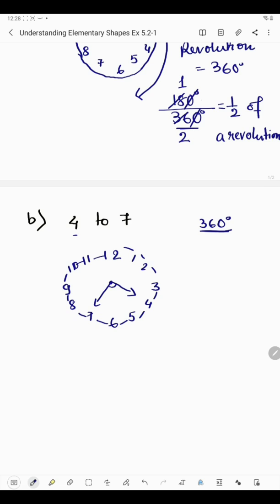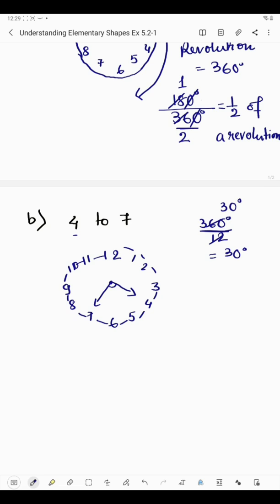In total we have 12 gaps. If you divide 360 by 12, 12 threes are 36 and 0, so it's 30 degrees. That means from 12 to 1 it makes 30 degrees, 1 to 2, 30 degrees, 2 to 3, 30 degrees. That means in each gap it makes 30 degrees.